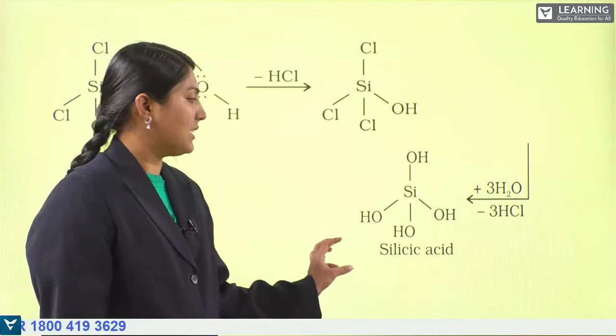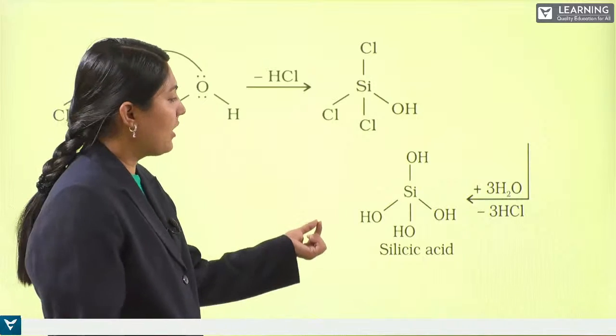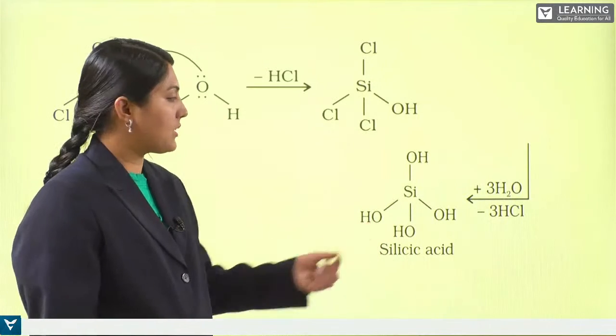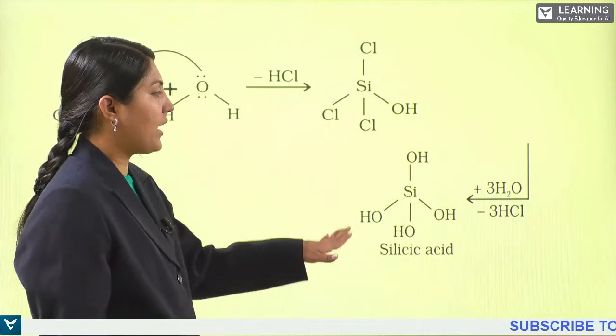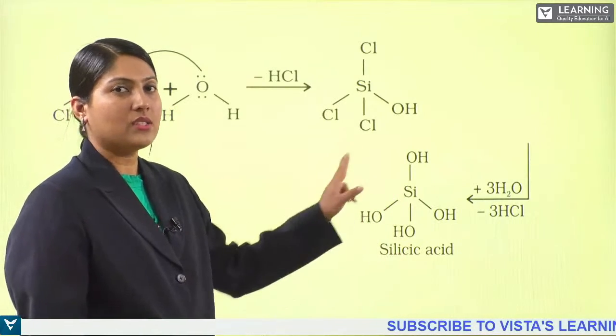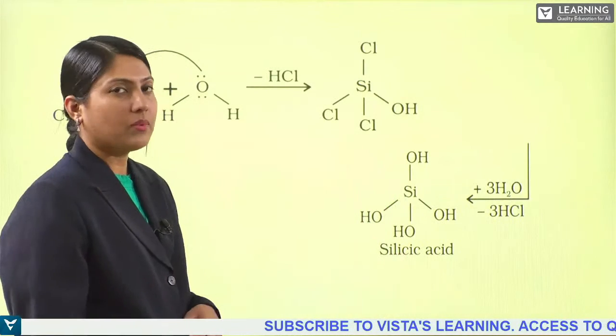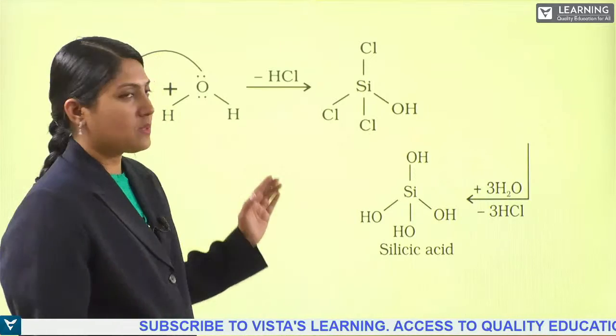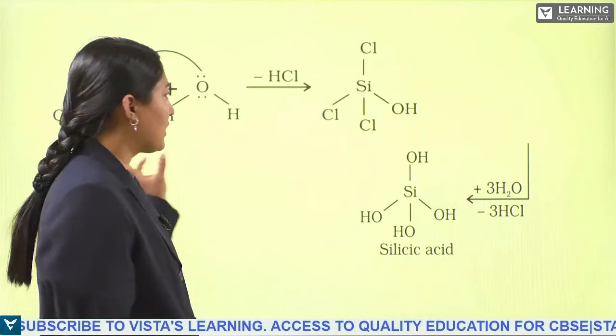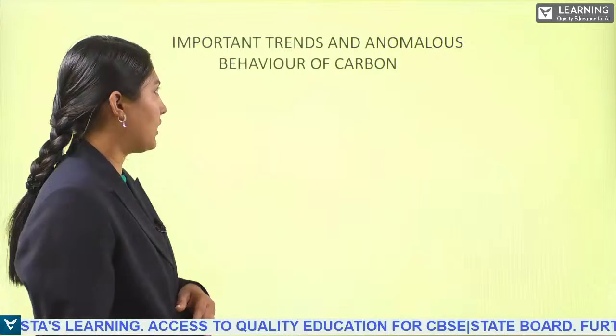So we get silicic acid, where H will also be present with the oxygen. So we have Si(OH)4, which is formed during the reaction of silicon tetrachloride with water.